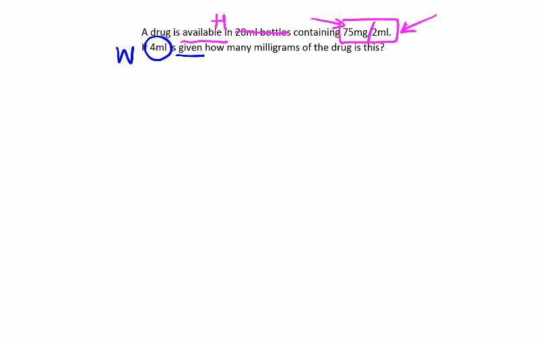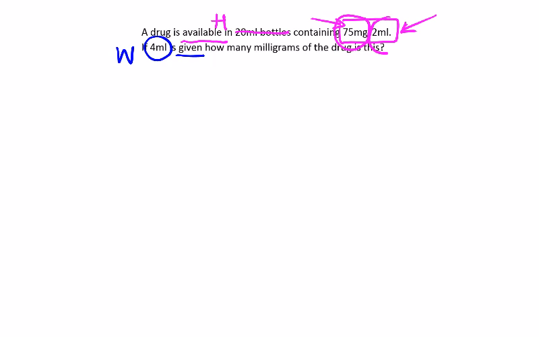Instead of first giving us what the prescription is, what has been prescribed by the doctor, what the patient needs to receive, we were given the concentration of the drug. It's absolutely no problem, so long as we can identify the ratio here, the two quantities.